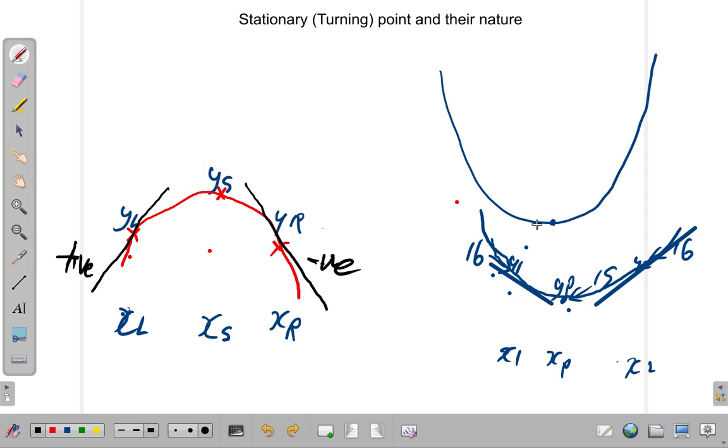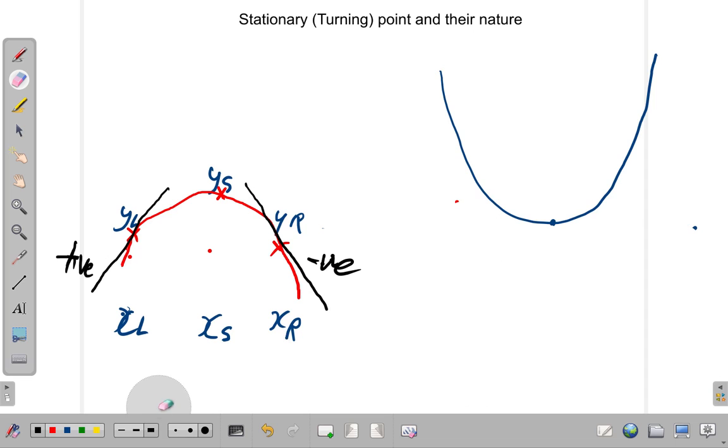Now, if you find out that your stationary point is at xs, x stationary, and you calculate the value, the corresponding value is ys, which is y stationary. And you choose a point to the left, x left, of the stationary point, and you calculate the value of y for it, and this is y left, and it's higher than y stationary.